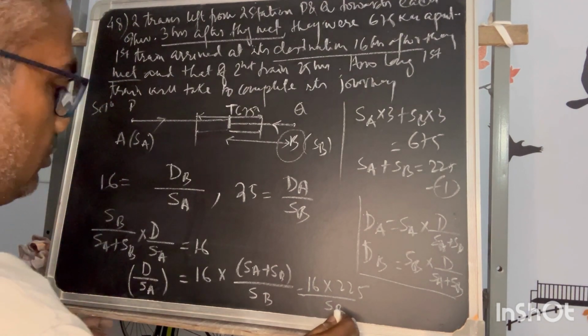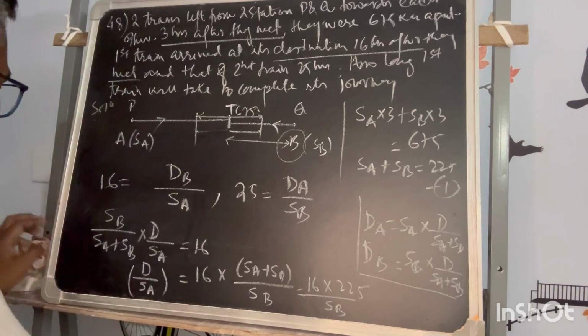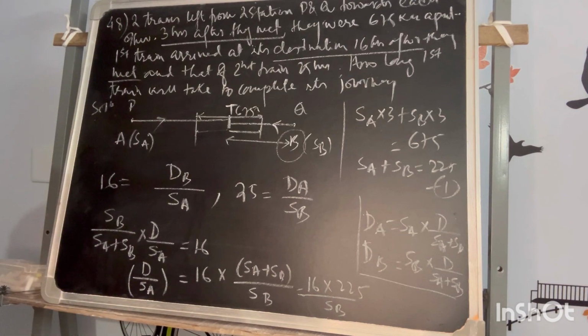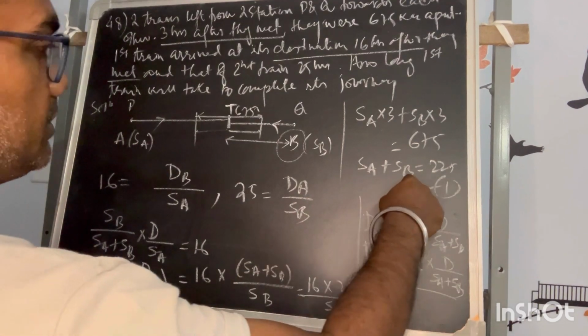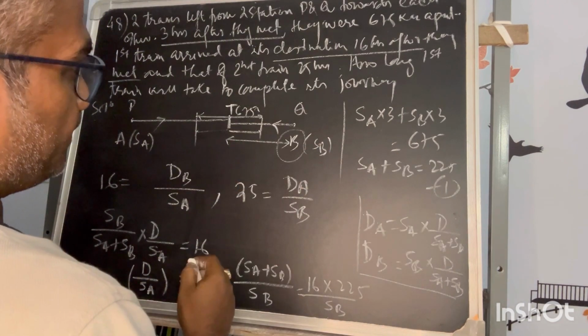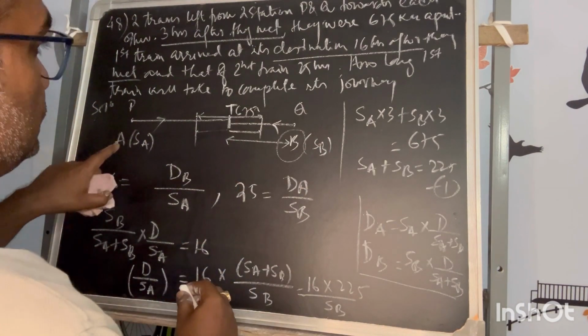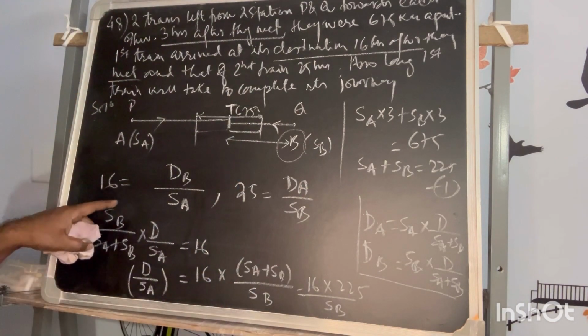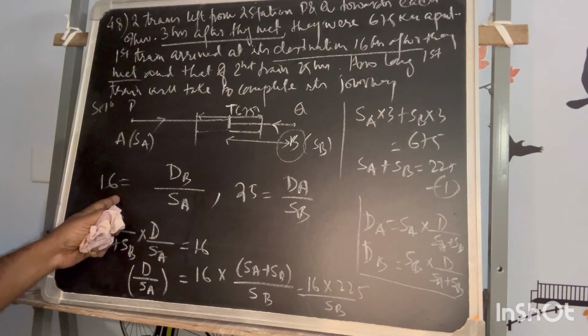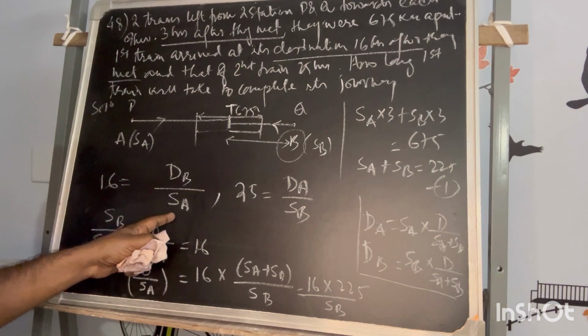So how will you get this SB? To get SB, we know SA plus SB is equal to this one, and we have no other equation. This is equal to SA. So SA is equal to 16 by dB, and dB is equal to that one.